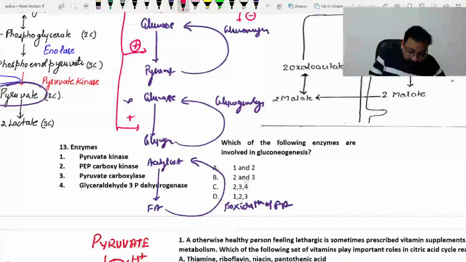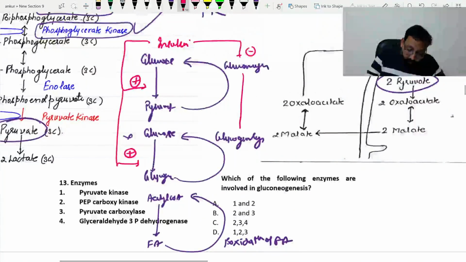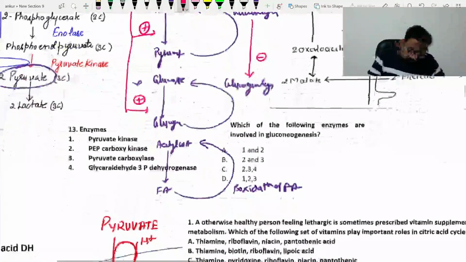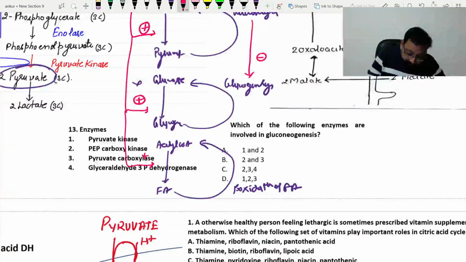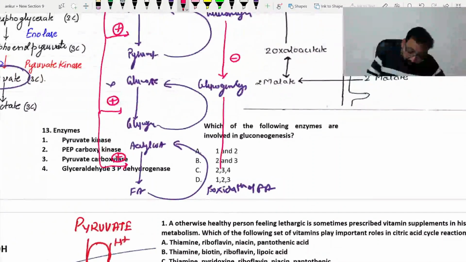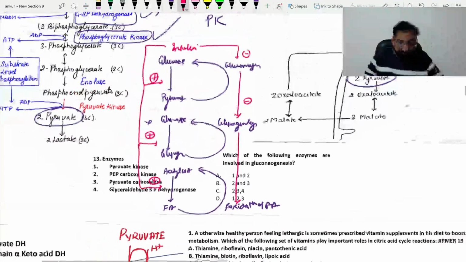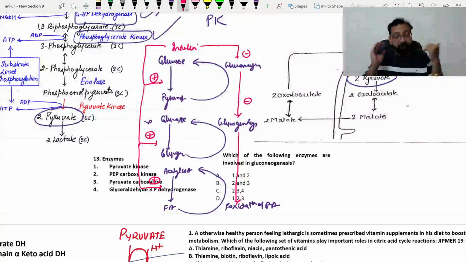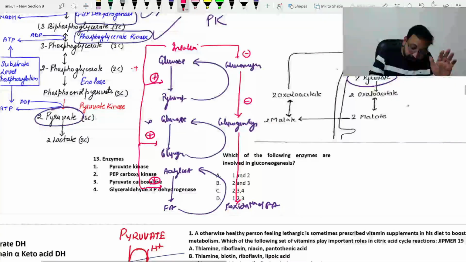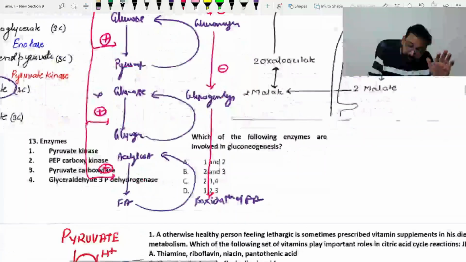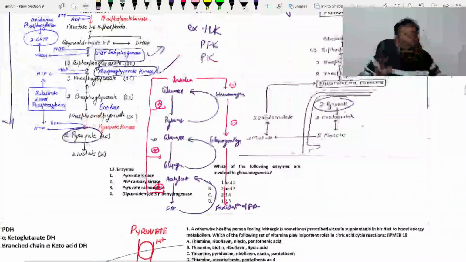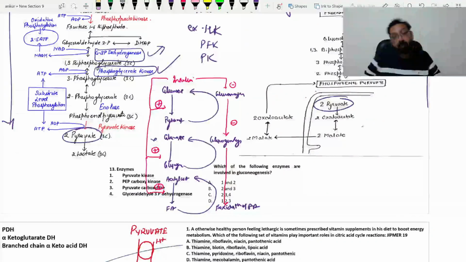Insulin activates glycogen synthesis, so insulin will inhibit glycogenolysis. Insulin activates fatty acid synthesis, so insulin will inhibit beta oxidation of fatty acid. These three are activated by insulin, and their opposite pathways are inhibited by insulin. Their enzymes are inhibited and activated in such a way.